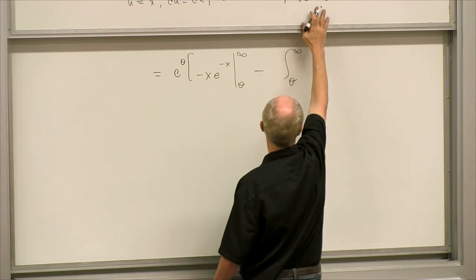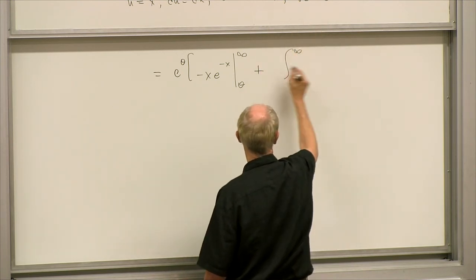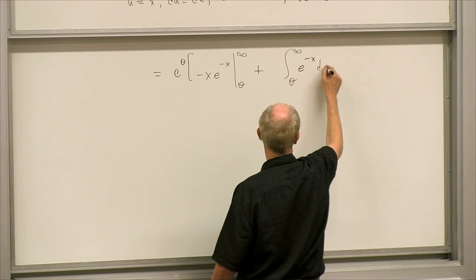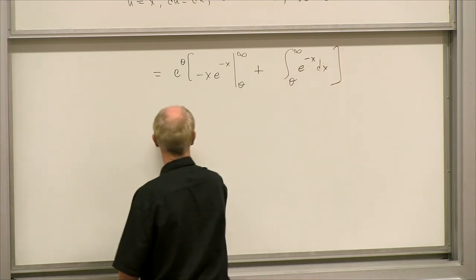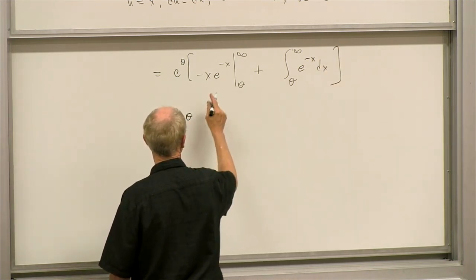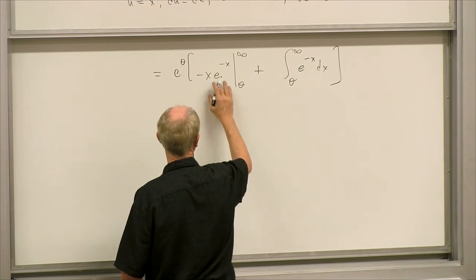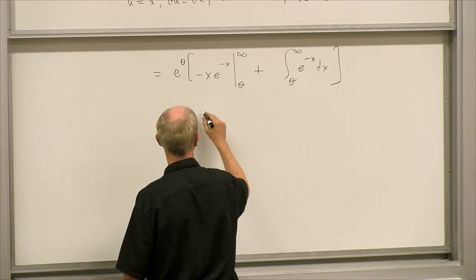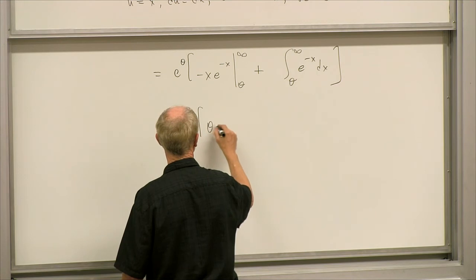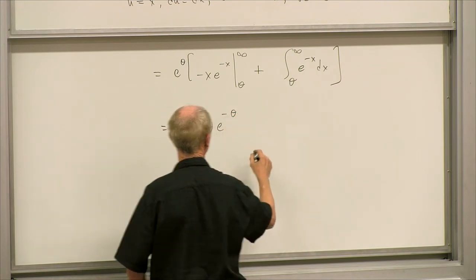Well, there's a minus sign with a v, and there's a minus sign here, so it becomes plus. E to the minus x, du is dx. So this is e to the theta. At infinity, this becomes 0 because of that. At theta, it becomes theta e to the minus theta.